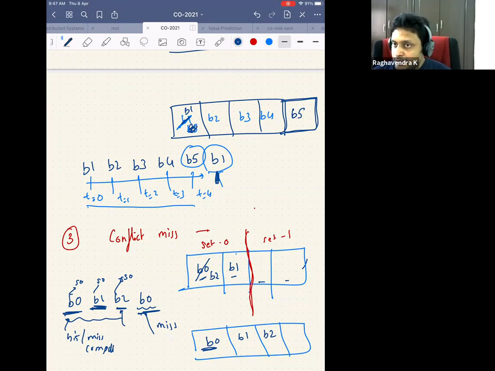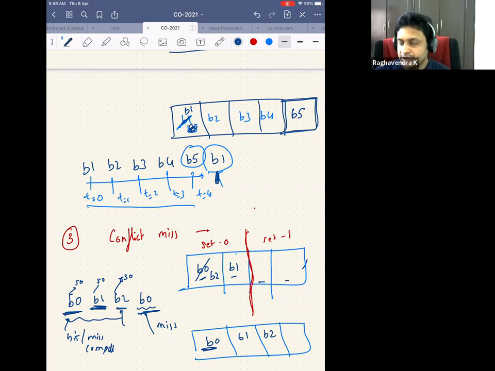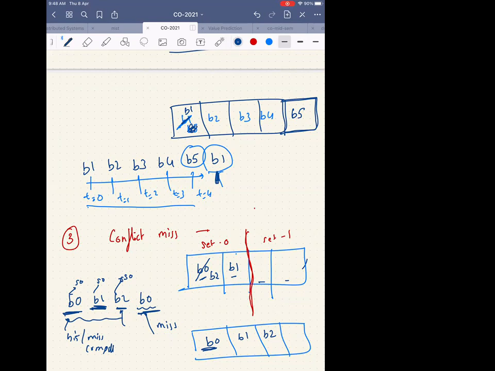Can you tell me a way to reduce the conflict misses? Reduce number of sets. Yes. Yeah, you're saying increase the associativity. Yes, sir. So if I increase the associativity, the conflict misses go down. But if I increase the associativity, what will increase? The time, the power to search.